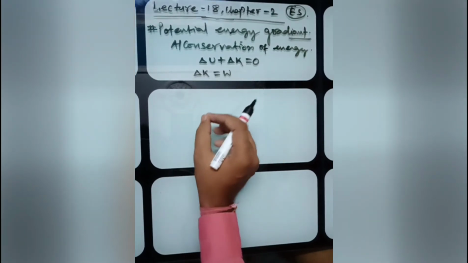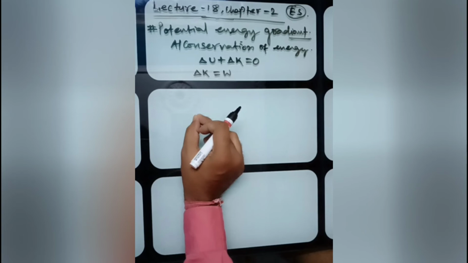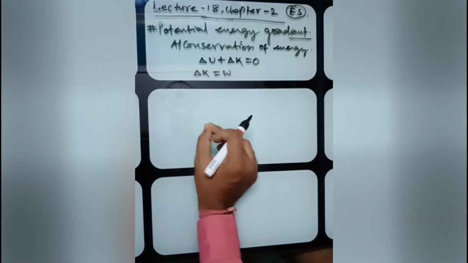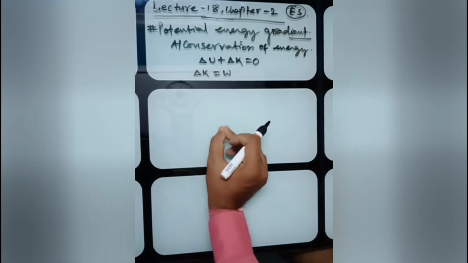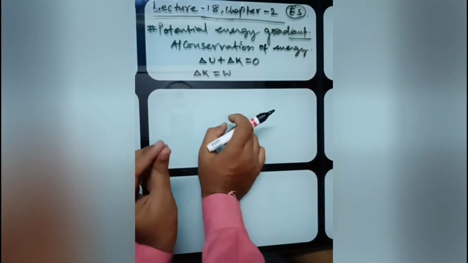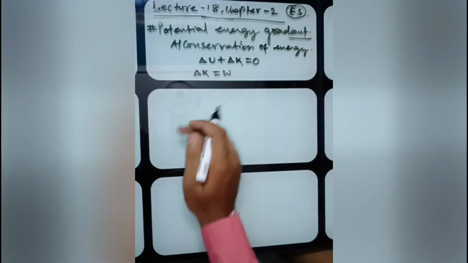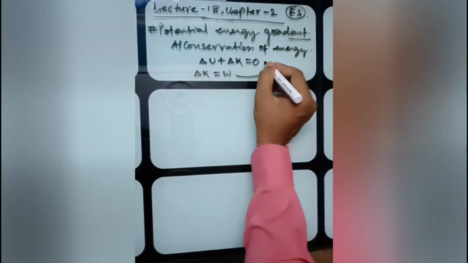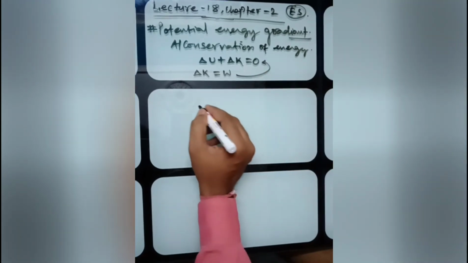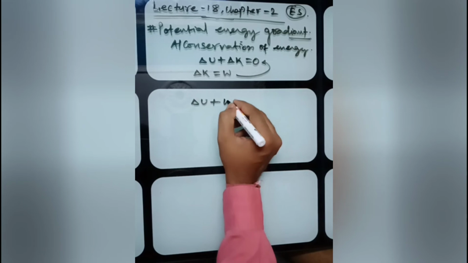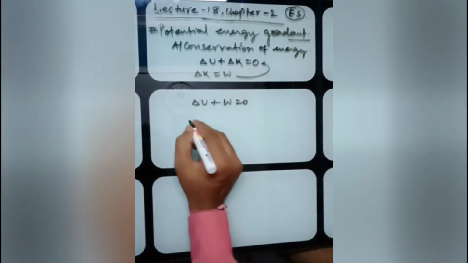If you have a point charge and you are moving it from one point to another, of course you have to do some work to change the kinetic energy, so the change in kinetic energy will be the work done. Using this in the equation, delta U plus delta K can be written as W, it equals 0.